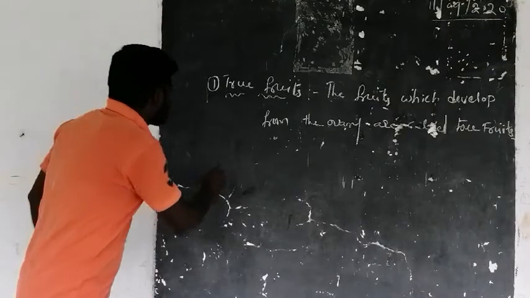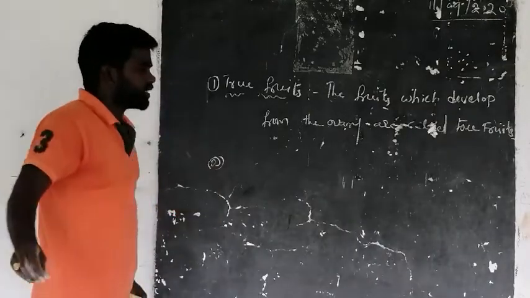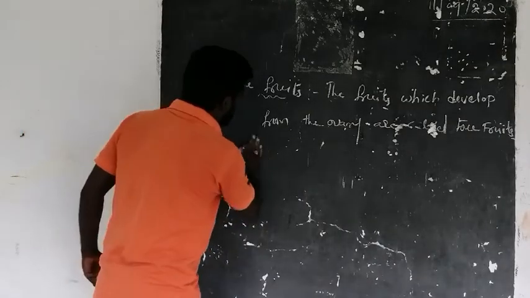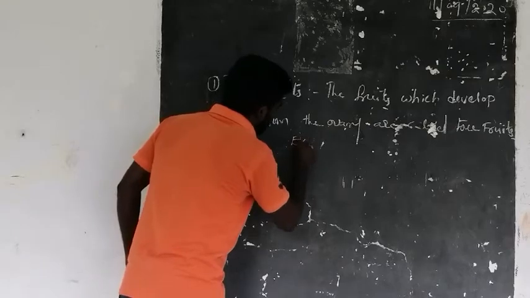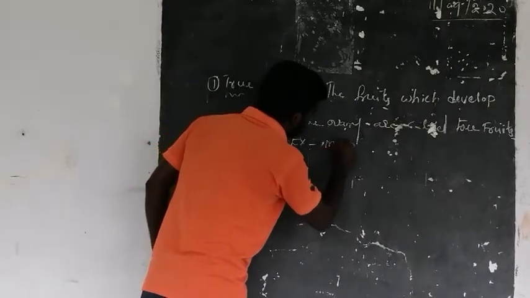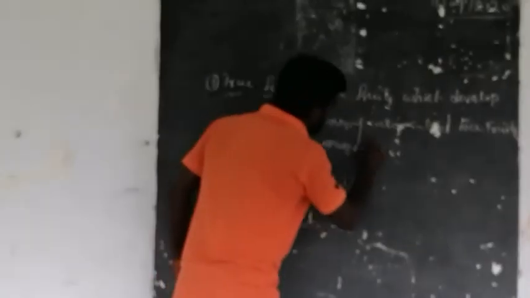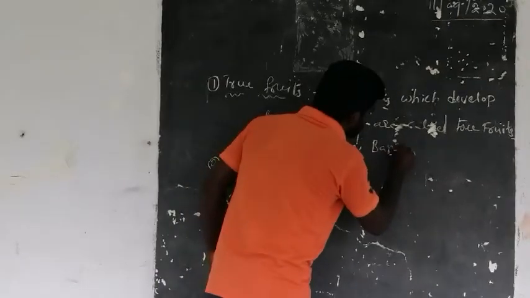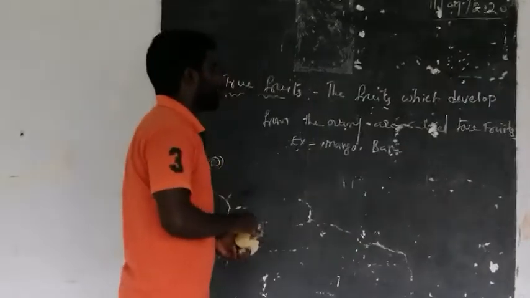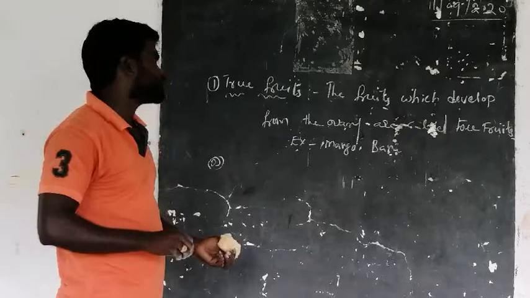And next, false fruits. For example, true fruits include mango and banana.